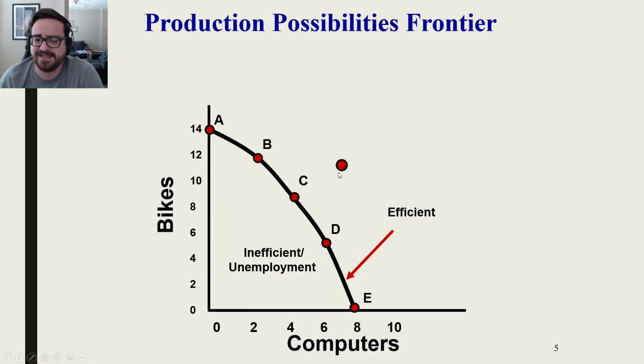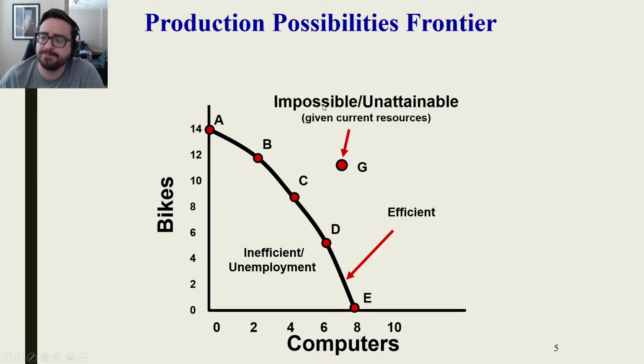So what the heck is that? That point is impossible or unattainable given our current resources. Given what we currently have, we could not produce combination G in this example. Okay, that is not a thing that we can pull off. It is unattainable, impossible, not an option. Would be cool if we could, but based on what we've got, we can't make that amount.